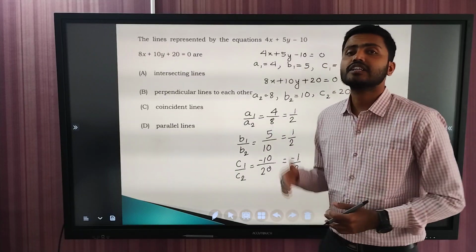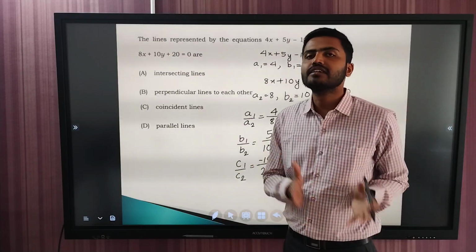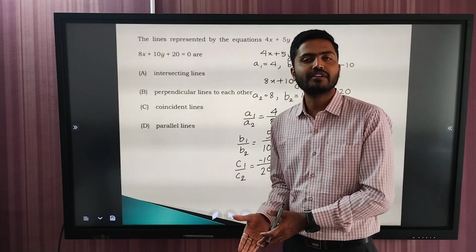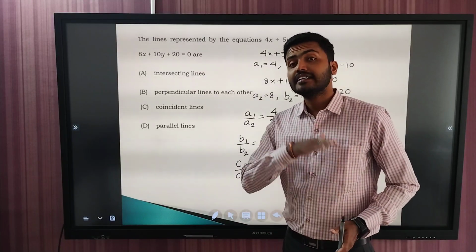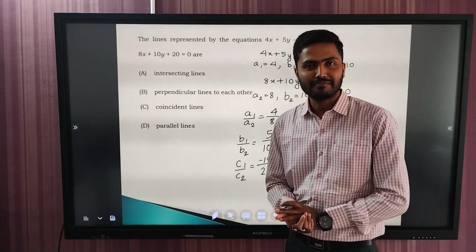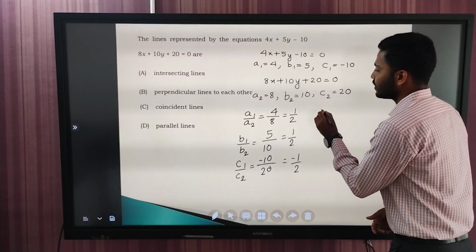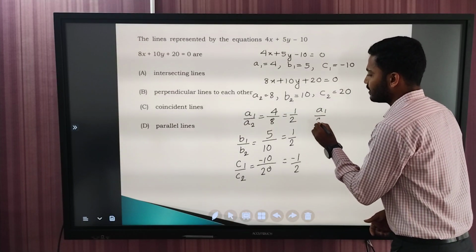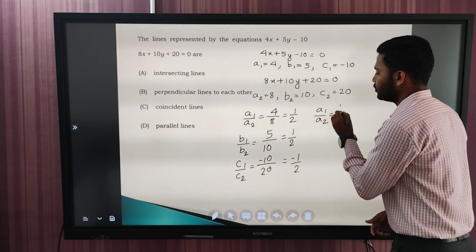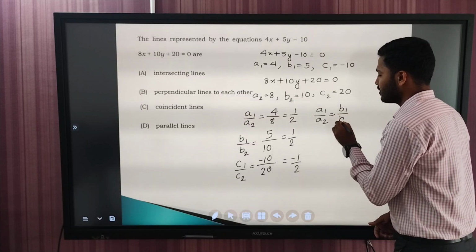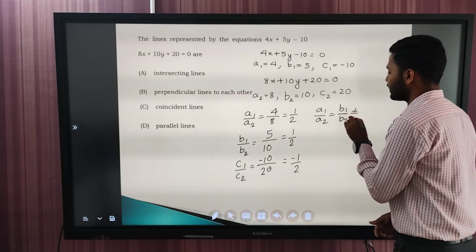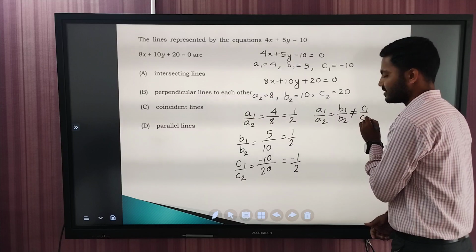So now it is very evident that a1 by a2 is equal to b1 by b2, but it is not equal to c1 by c2. Right? So a1 by a2 is equal to b1 by b2, but it is not equal to c1 by c2.